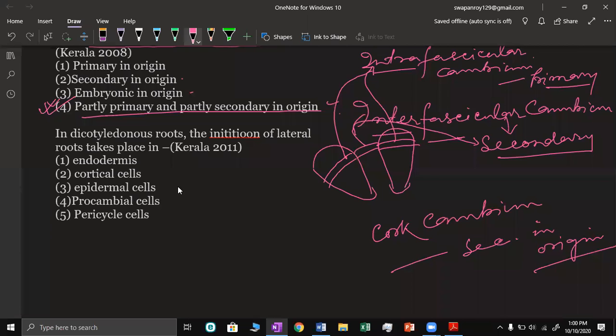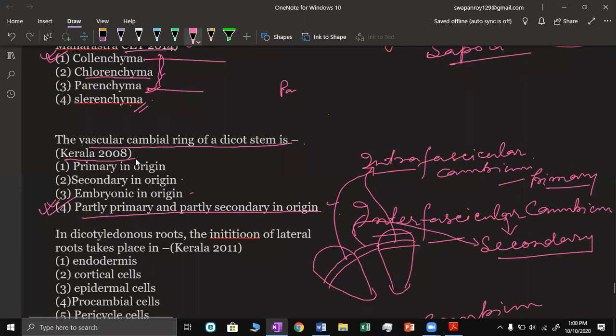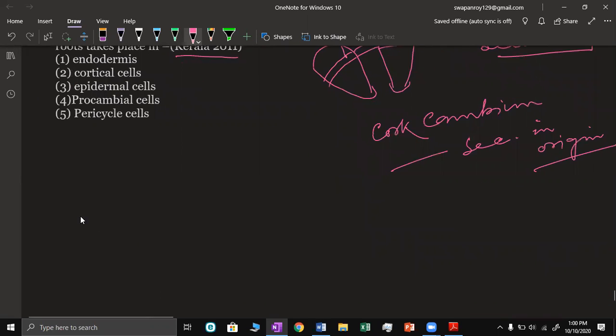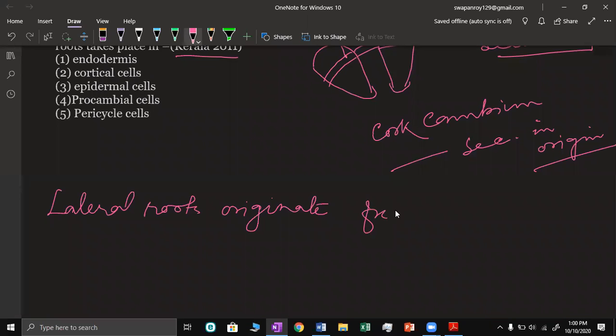Next question. This question was asked in Kerala 2008. The next question is also from Kerala 2011. In a dicotyledonous root, the initiation of lateral root takes place from the pericycle layer.